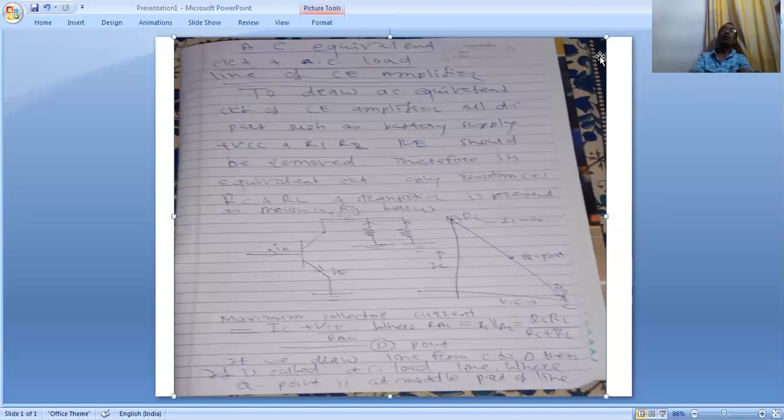And in the case of the AC equivalent diagram, only the transistor with the currents base current IB, collector current IC, emitter current IE, with the two output resistances RL and RC are present in the equivalent diagram. According to that, you have to draw the equivalent diagram of both DC and AC.